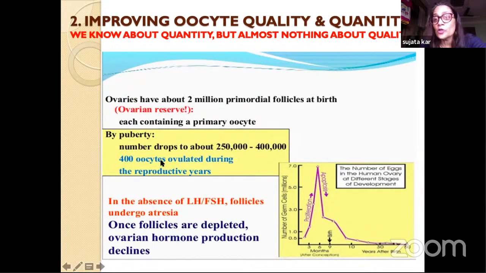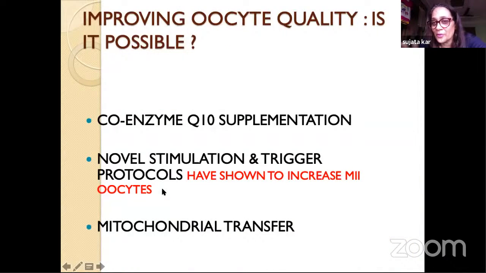And here also we should be remembering that human oocytes again are an extremely wasteful proposition, because we know that out of the millions that a female child is endowed with, barely a few actually ovulate in their reproductive period. So is it possible to improve oocyte quality?